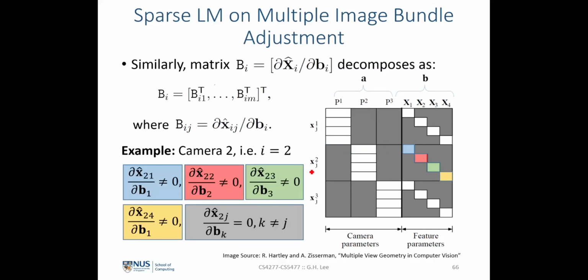And here's an illustration of how the 3D points affect the Jacobian. We can see that this is the reprojection of the 4 points onto the second image, and it's non-zero when we partially differentiate the respective reprojection with respect to the 3D points that cause this particular reprojection.